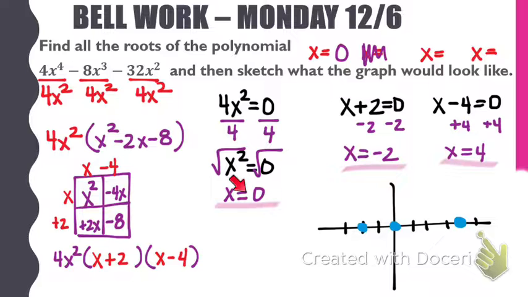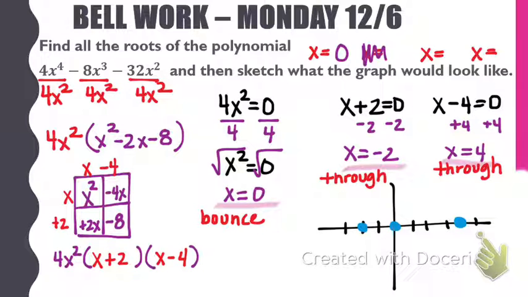So for this one, see how this is an x squared factor? It's actually going to bounce off the 0. And then it's going to go through at my other 2. So the graph is going to go through, and then it bounces off the 0.